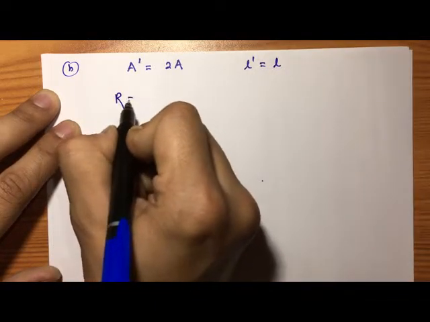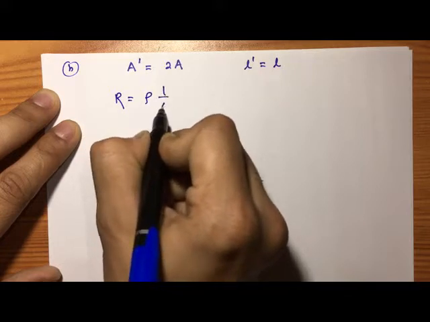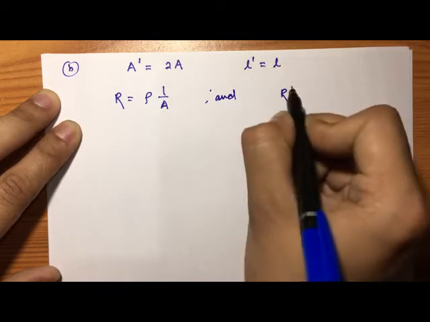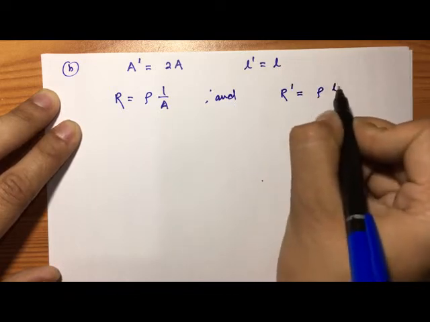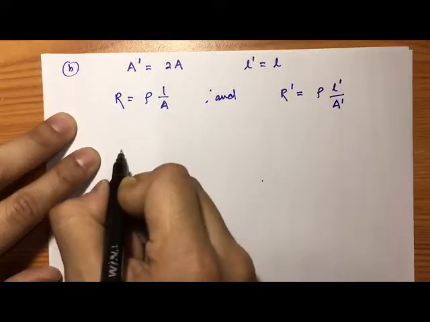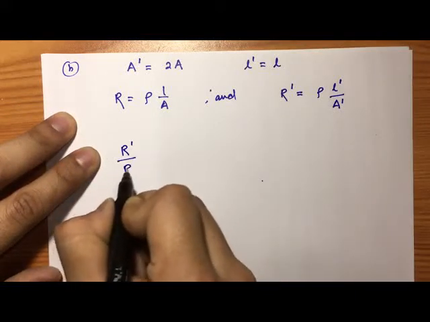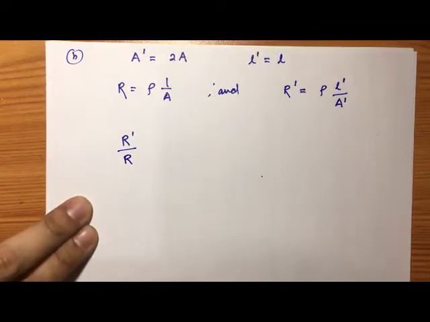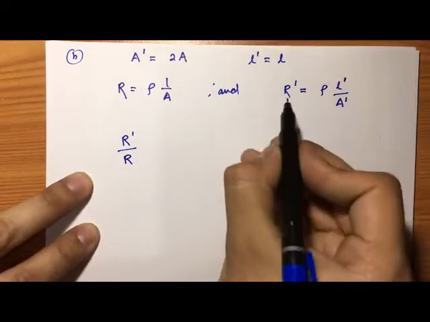Now my R will be equal to again rho times L divided by A, and new resistance will be rho times L prime divided by A prime. Okay, so taking ratio, I will get R prime divided by R. If you haven't understood the last time, watch it here.